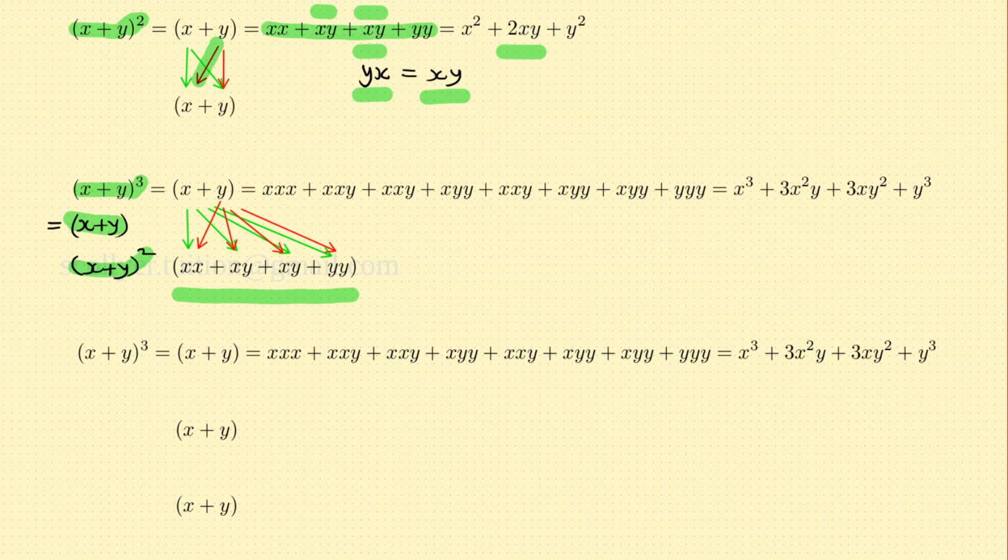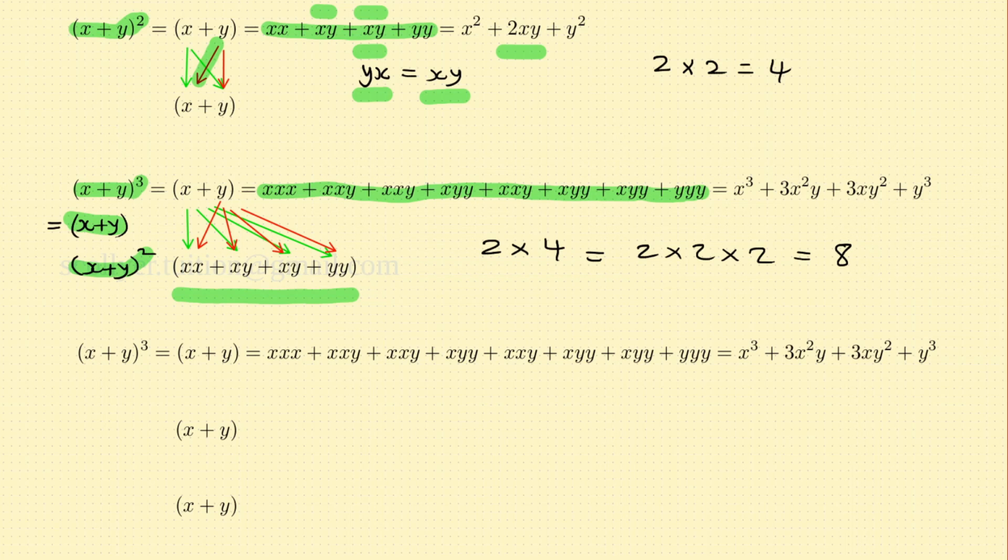We multiply each of two terms, x and y, by each of 4 terms, xx, xy, xy, yy. So we end up with 8 terms in the final expansion. And note that 2 times 2 equals 4 for the first expansion, and 2 times 4, which equals 2 times 2 times 2, equals 8 for the second expansion. We'll see why that is relevant in a moment.